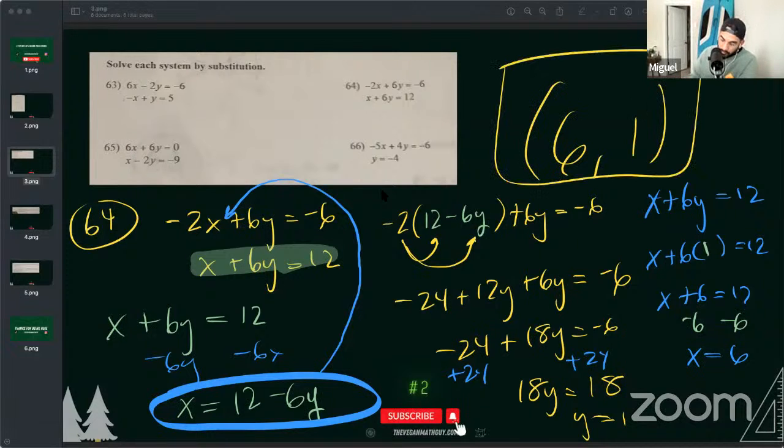Be careful with this because we solved for y initially, and then we solved for x. So we remember that when we write our answer, the x is first, which is 6, and then the y value is next, which is 1.